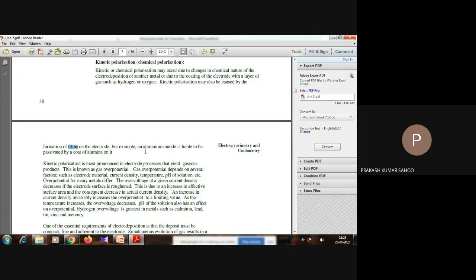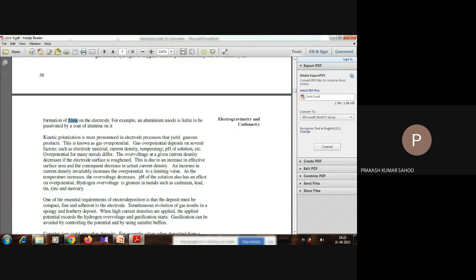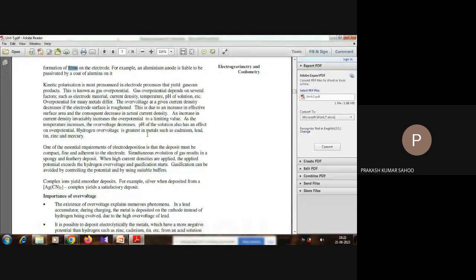An example: an aluminum anode is liable to be passivated by a coat of alumina on it. So this is kinetic polarization. To avoid the polarization, the aluminum anode is coated with alumina, which will stop the kinetic polarization.